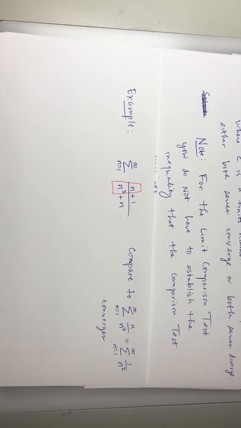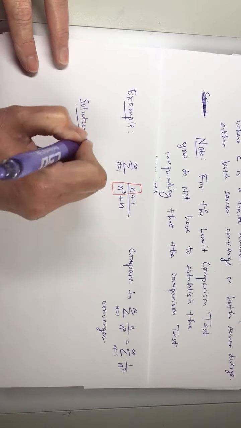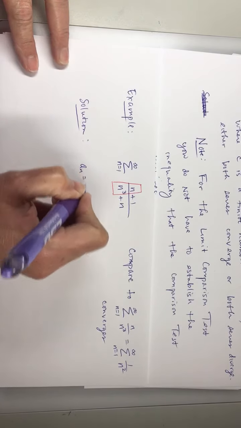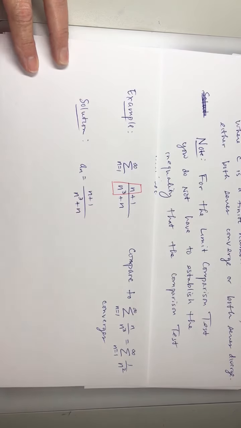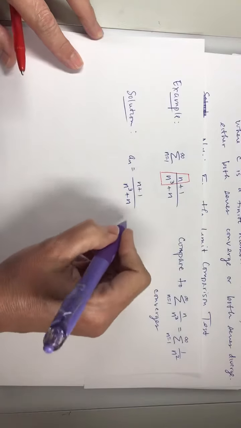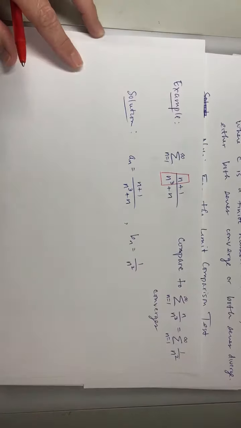a sub n is n plus 1 over n cubed plus n. And b sub n is 1 over n squared.